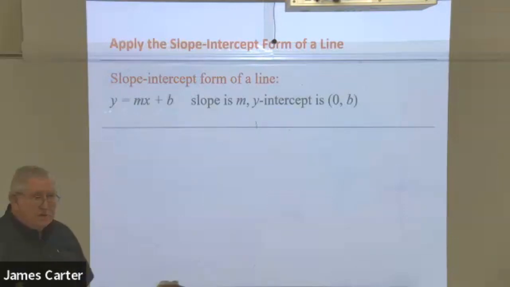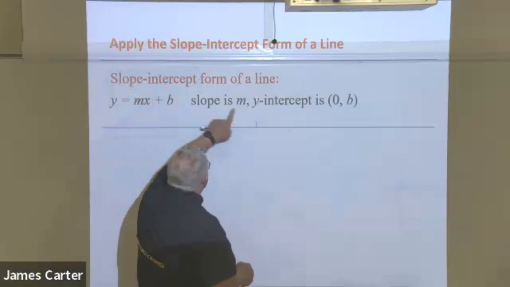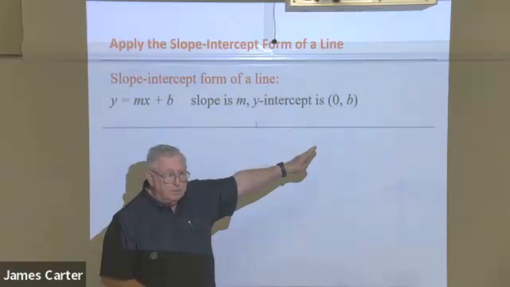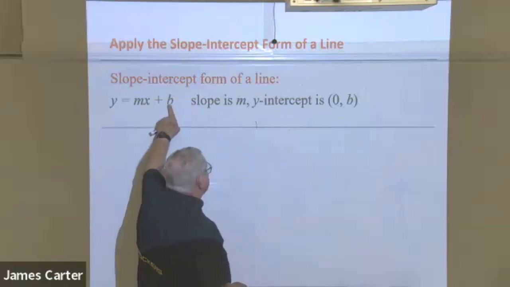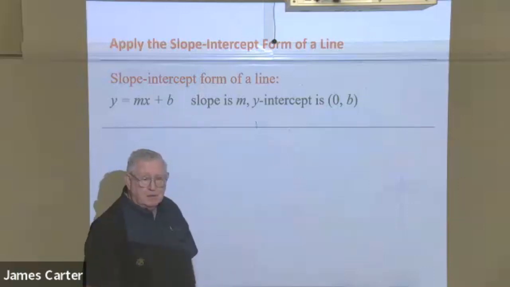Y equals mx plus b. That's on your page 7. This is the workhorse form that we're going to use. The m stands for the slope, which we just figured out how to do a moment ago.